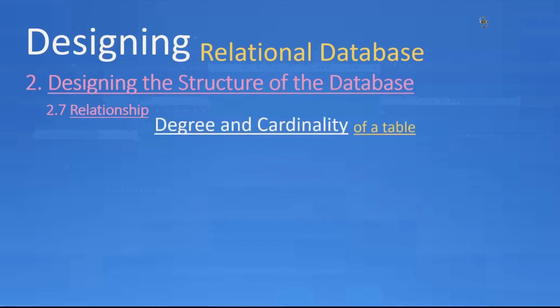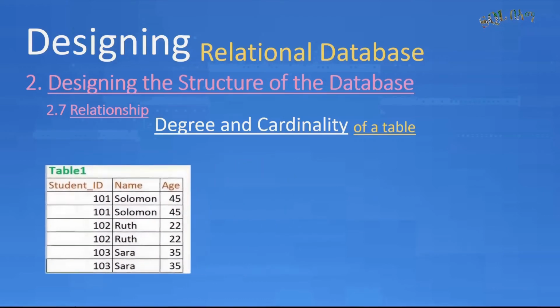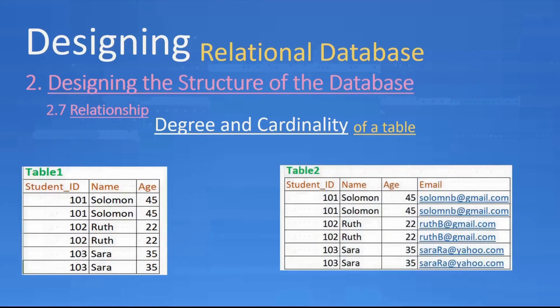As we saw, a table can have many columns. The number of columns a table has is the table's degree. For example, the degree of table 1 is 3, because it has 3 columns. The degree of table 2 is 4, because it has 4 columns.